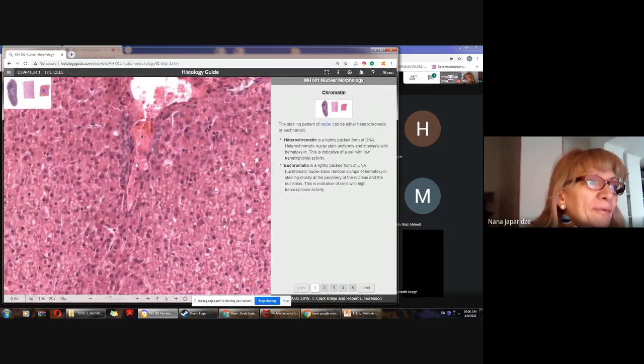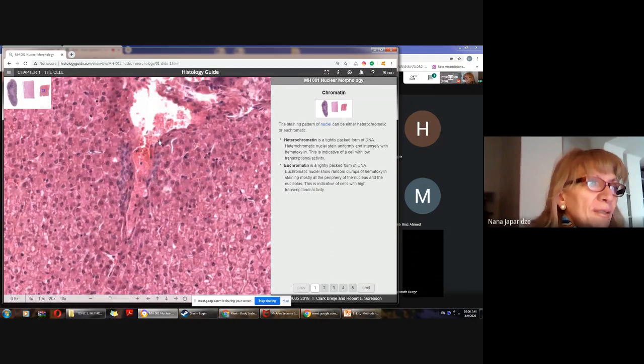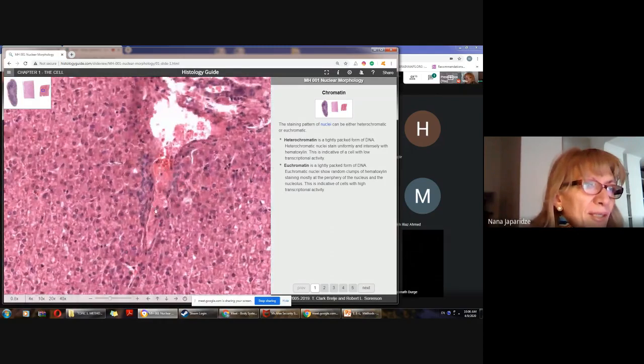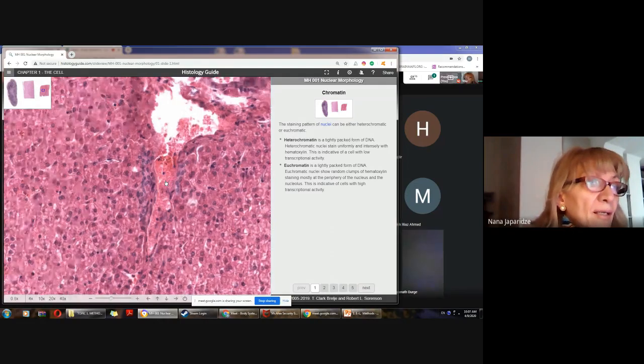Here we have a longitudinal section through the blood vessel. Look, and you see here RBC and also leukocytes. This dark stained nucleus, they are leukocytes.